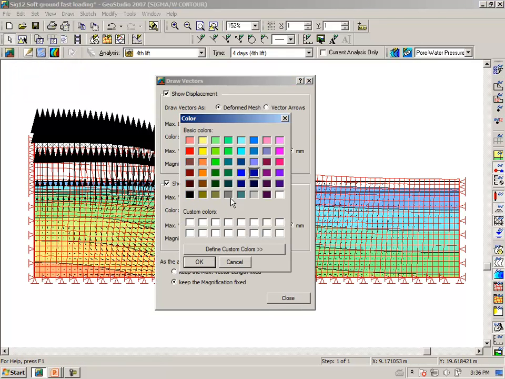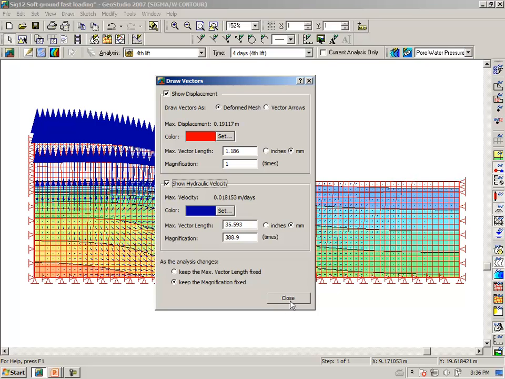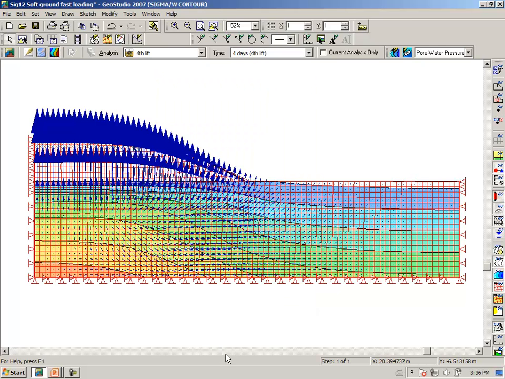Let's make the vectors a dark blue, and we'll make the magnification 1. And so now you can see the direction of the flow at this particular instant in time.